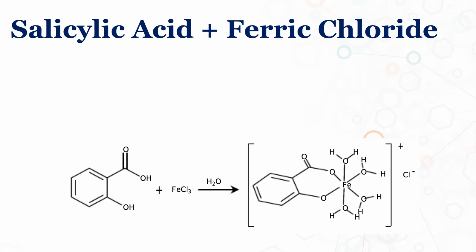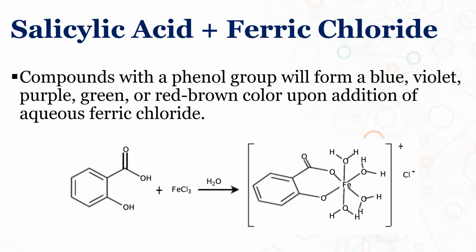For the chemical test, or the identification test using ferric chloride: salicylic acid plus ferric chloride, it's a compound with a phenyl group that will form a blue violet or purple green or reddish brown in color. Some of you had a reddish brown color upon the addition of aqueous ferric chloride.